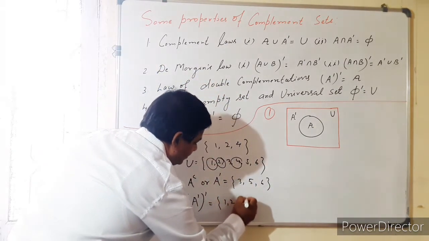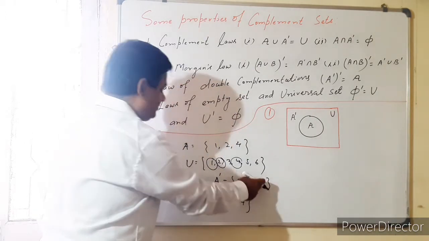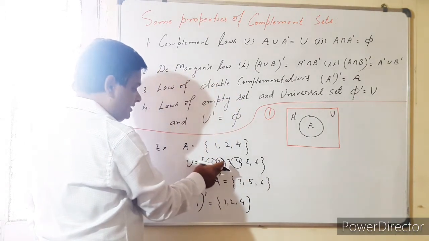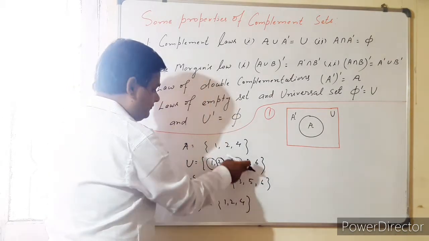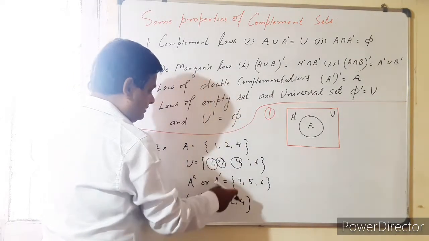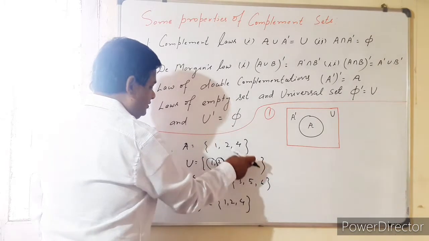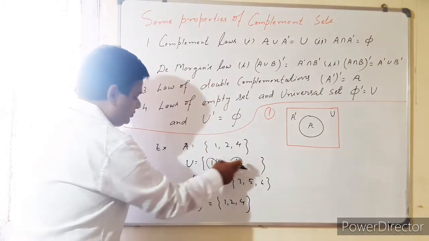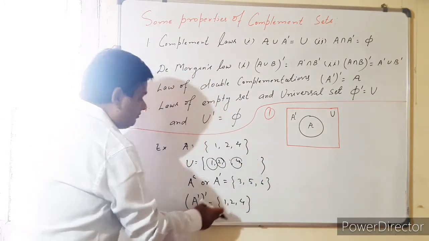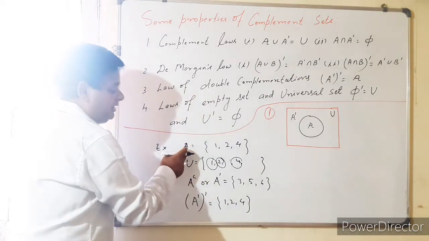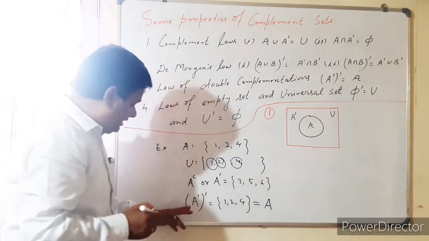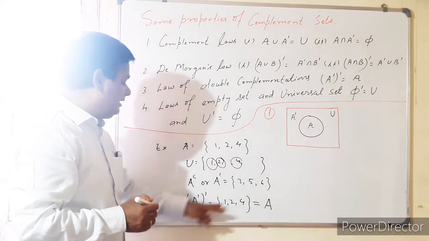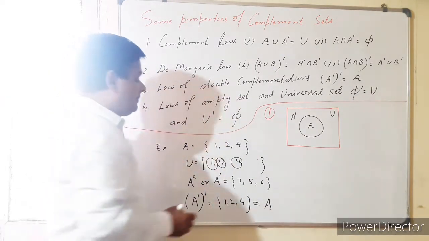When you remove 3, then 5, then 6, you will get 1, 2, 4. What is 1, 2, 4? 1, 2, 4 is A. It means the complement of the complement of A is equal to A.